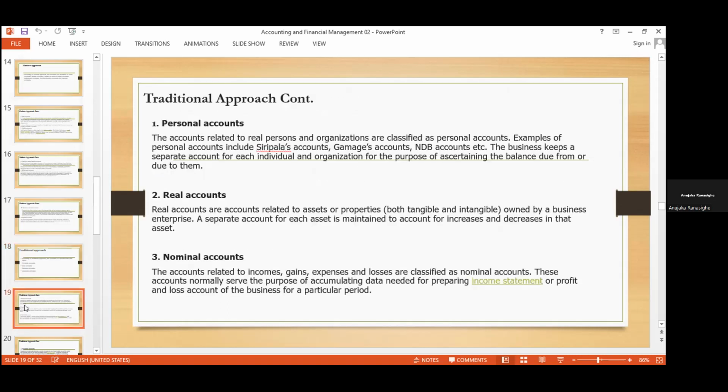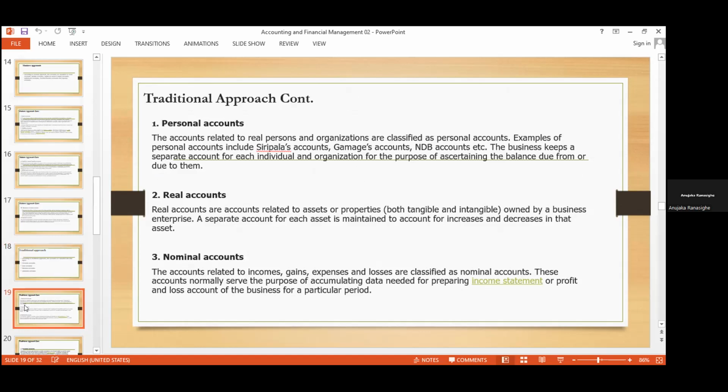Personal accounts. The accounts related to real persons and organizations are classified as personal accounts. Examples are NDB account, Sarath account, Kamal account, or any other.